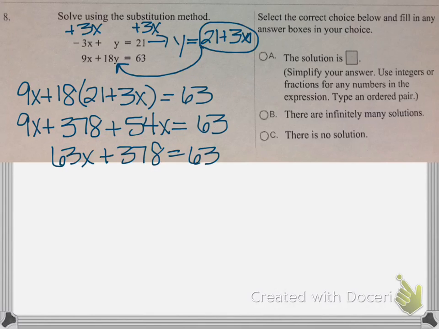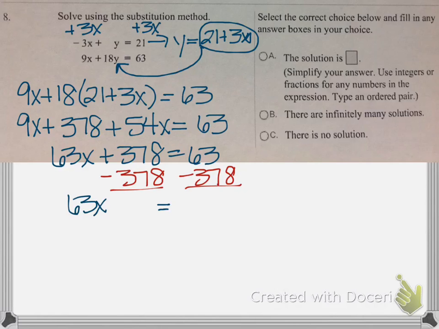Now that I have everything simplified as much as I can, now I can start moving things around. So I'm going to have to get all of my numbers on the right side. So I'm going to subtract 378 from both sides. And that's going to give me 63x over here.